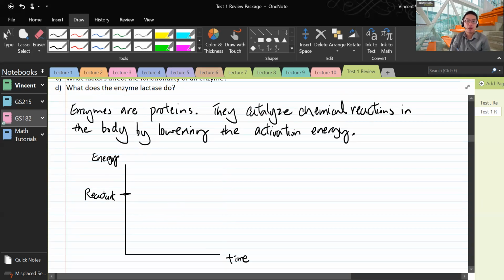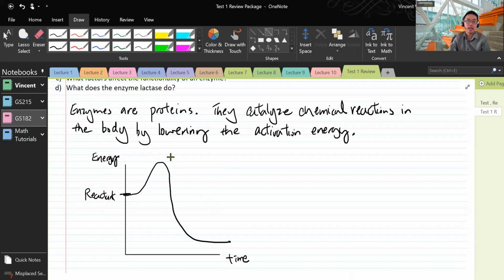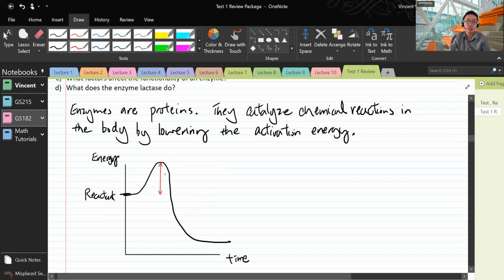Okay, so in order for the reactants to actually react, you need to supply a little bit of energy before it is going to react. That extra bit of energy that you need to supply in order to kickstart the reaction, we call the activation energy.